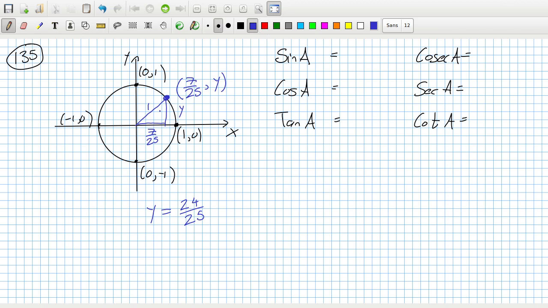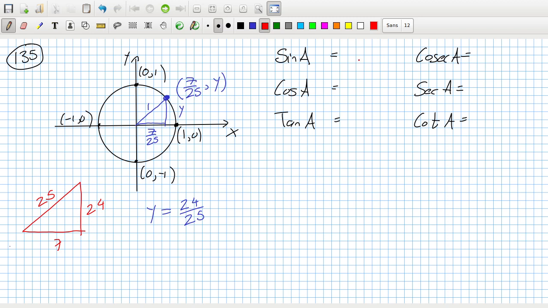So basically the triangle is going to be, if we multiply all these sides by 25, 7, 24, 25. Although this triangle is bigger than the original triangle, all its sides are in the same proportion, so the trig ratios are unaffected, and it'll just be more convenient than having a fraction divided by a fraction.